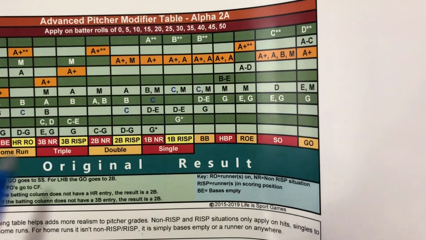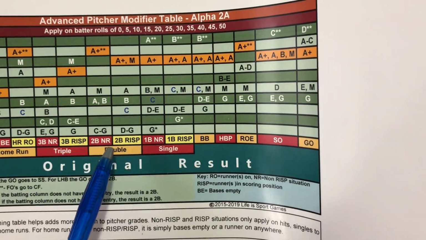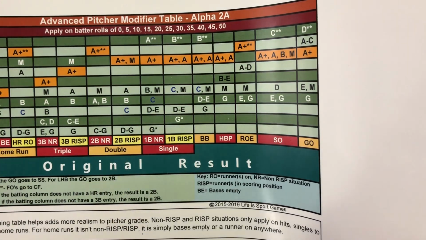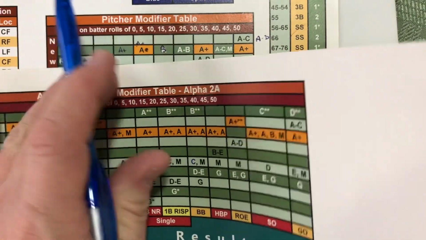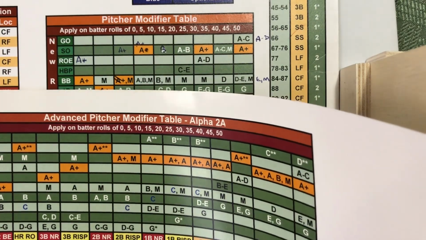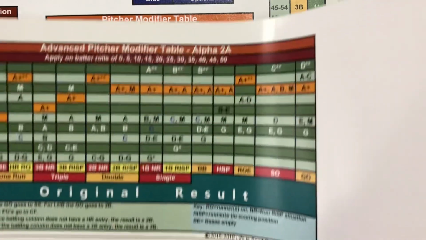But what the advanced pitcher modifier table does is it takes a little bit of offense away. It makes the C pitcher, for example, just a little bit better than he is in the pitcher modifier table that's produced with the original set of charts.